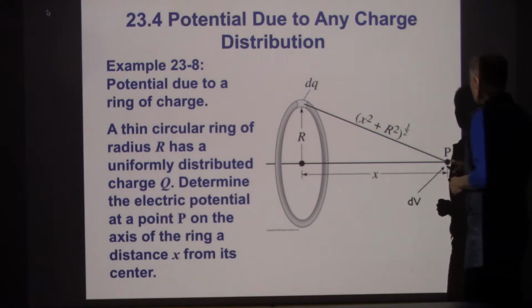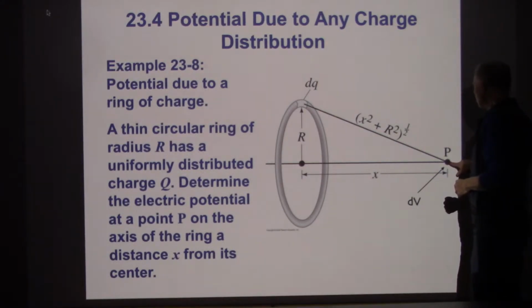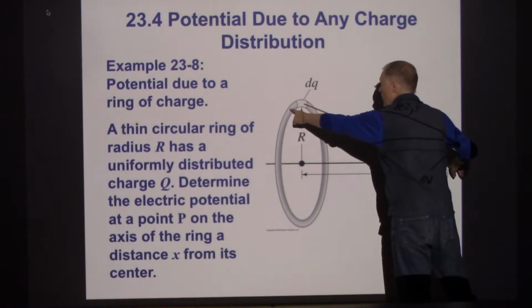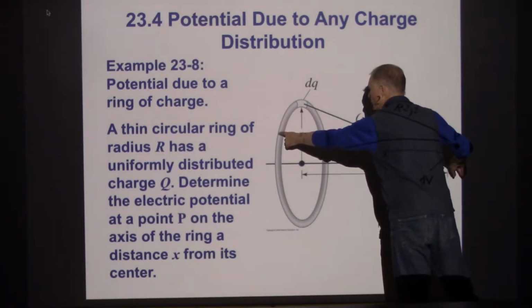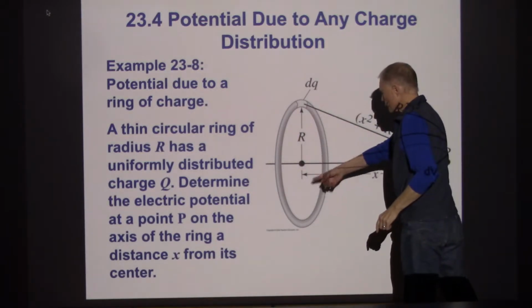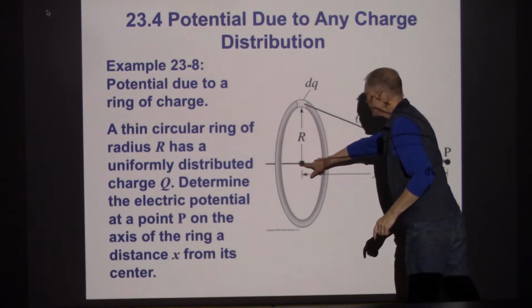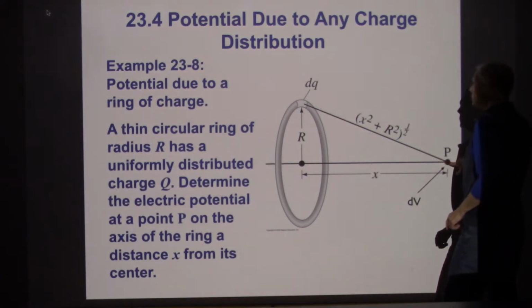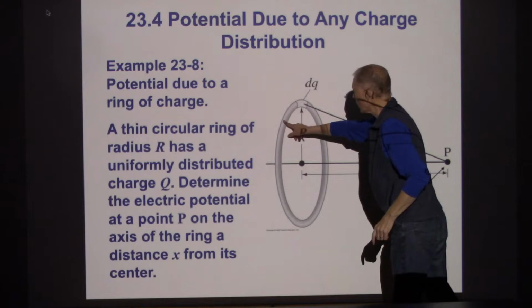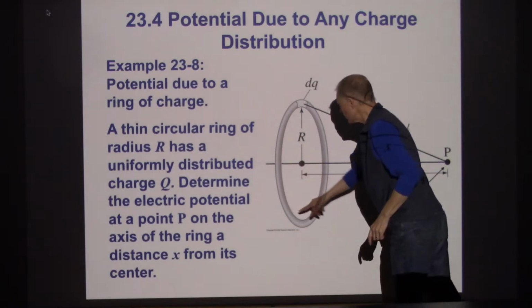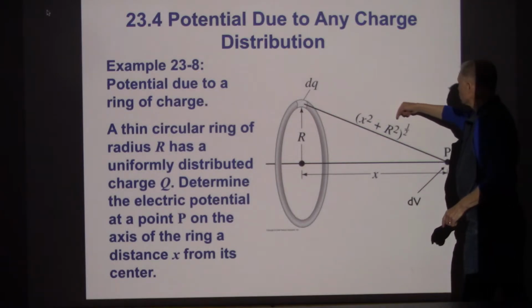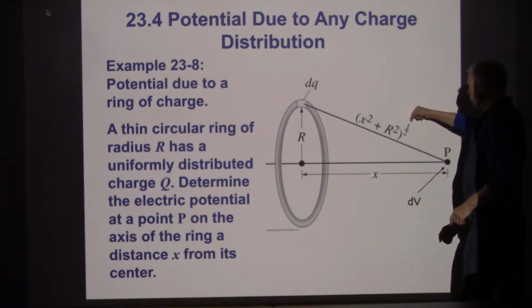All I need to know is how far away from this point is that charge, and then this charge, and then this charge. And if this is a circular ring, and this is that perpendicular that goes right through the center of the circle, all parts of that charge are the very same distance from point P. And the distance would be x squared plus r squared, square root.